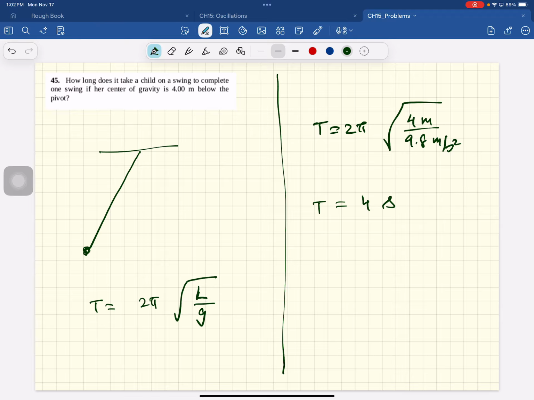The period works out to about 4 seconds. All right.